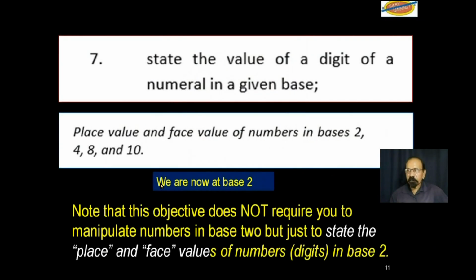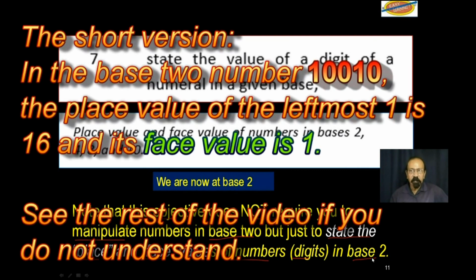So we continue. Note that this objective does not require you to manipulate numbers in base 2, just that you should be able to state the place and face values of such numbers or digits in a number in base 2.